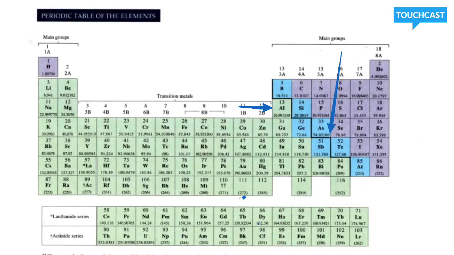That's going to be aluminum, because we all know what aluminum is. It's in aluminum cans, aluminum foil, and it has all the properties of a metal. So anything that touches with 2 sides is going to be a metalloid, with the exception of aluminum. Let's go ahead and look at the properties of metals and nonmetals.